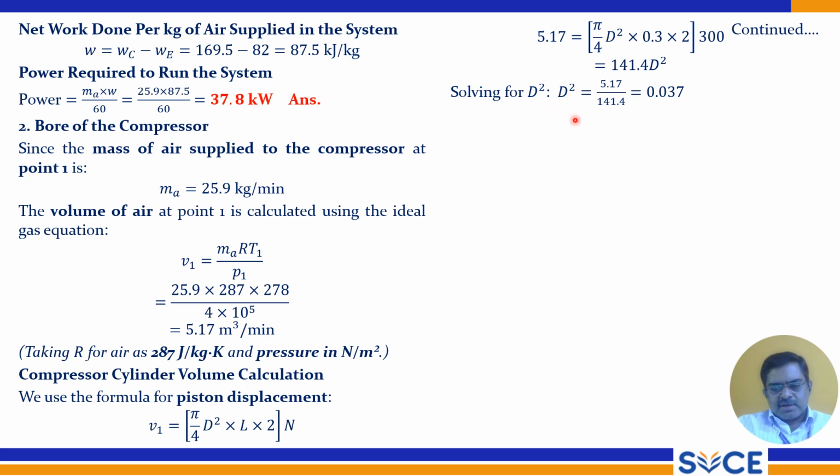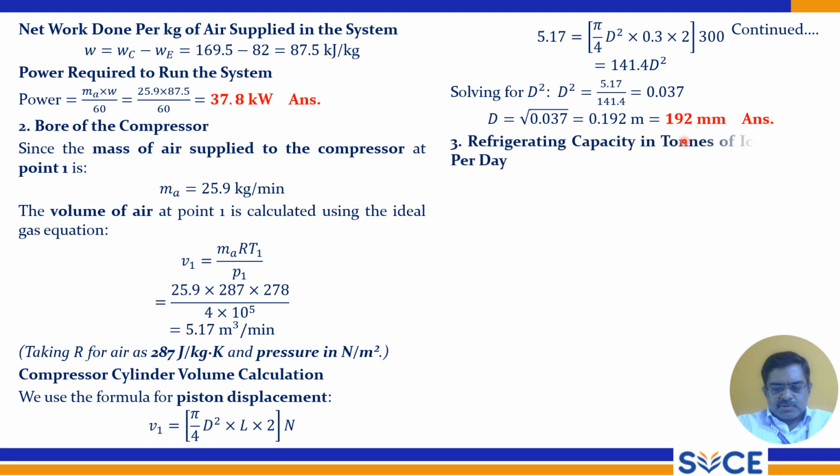So we can get D square equal to 0.037, and then D equal to square root of 0.037, and this is 0.192 meters. In terms of millimeters, it is 192 millimeters.